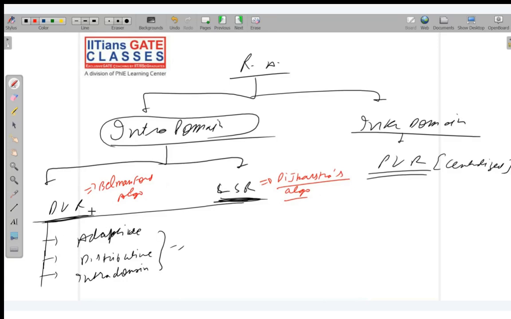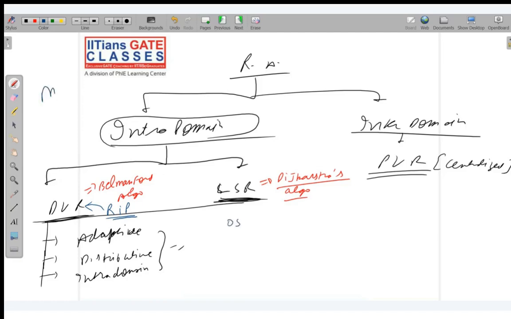DVR is an approach, and on this approach we have one routing protocol, that is RIP, routing information protocol. They will clearly ask you, RIP is based on DVR, distance vector routing. And on LSR, one protocol is OSPF.